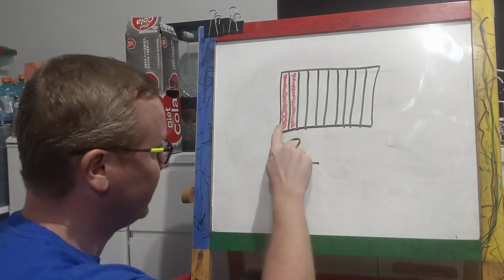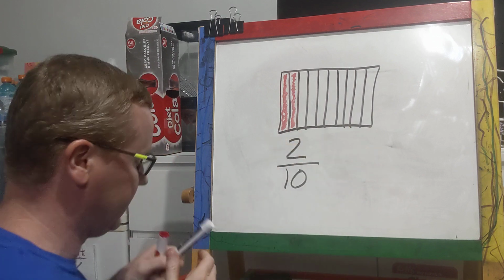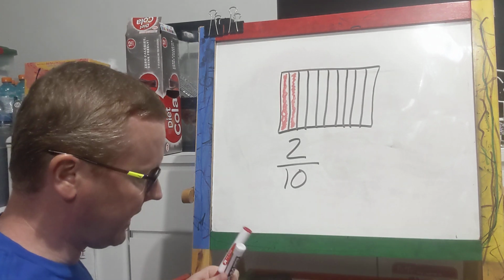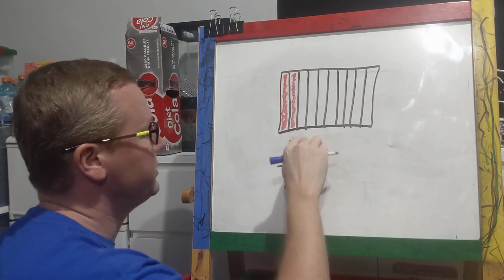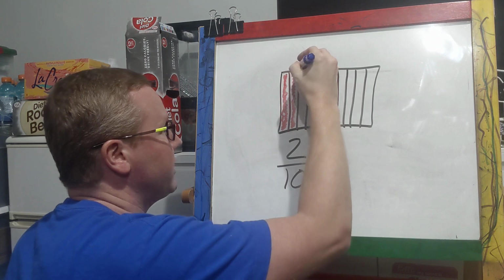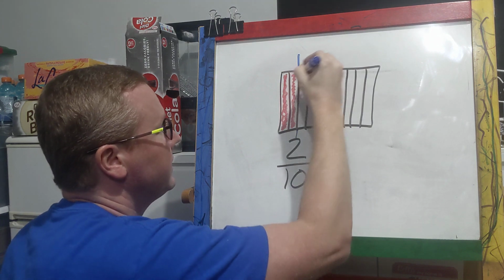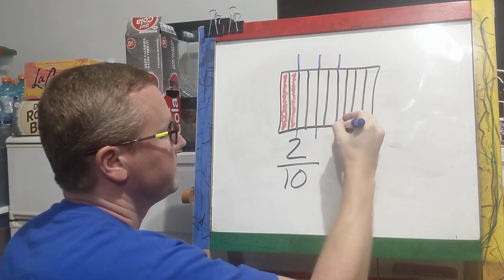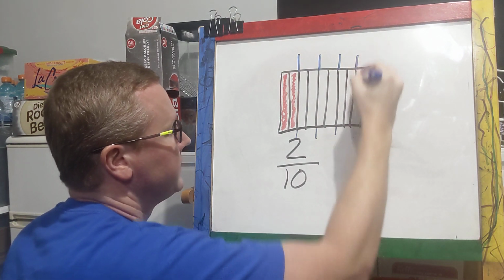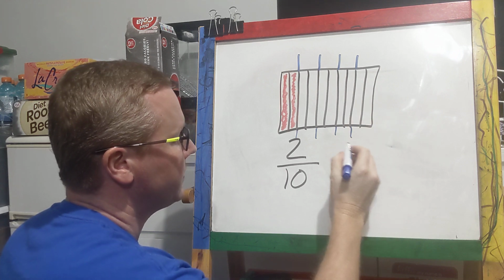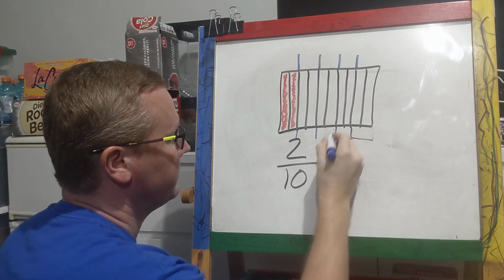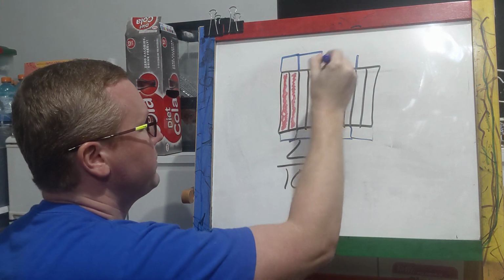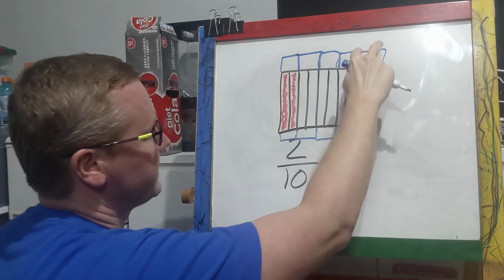And so when we're looking at this, your first answer is going to be 2/10. But remember, just like our eggs, you can break it up into different ways. So 2/10, if I were to break it up into chunks of 2, so like here, there's 2 there, 2 there, 2 there. So now I broke it up, I'm kind of showing you the sections like that.